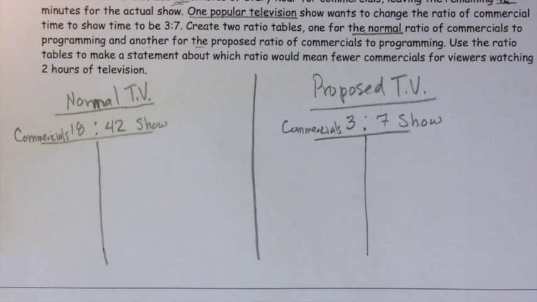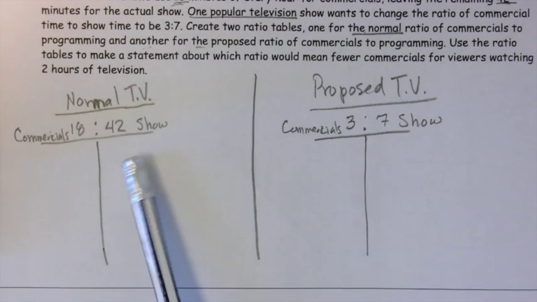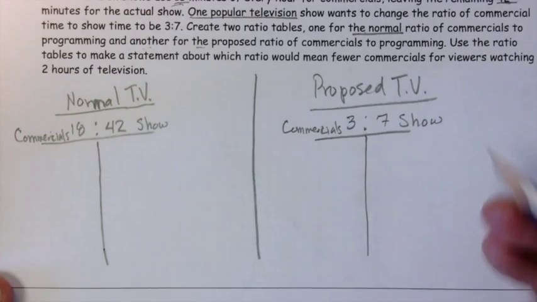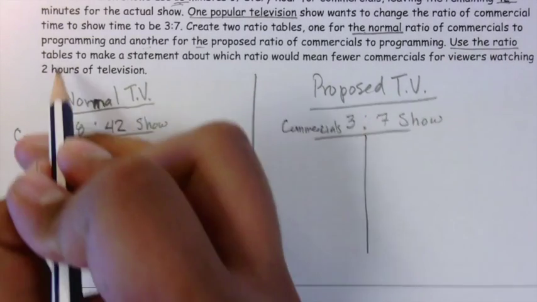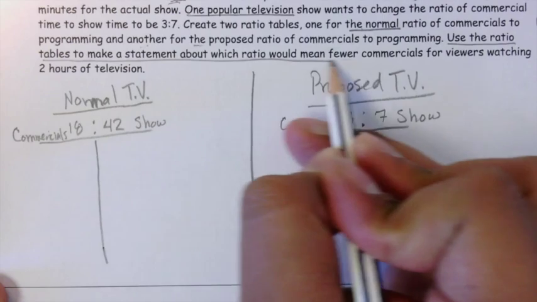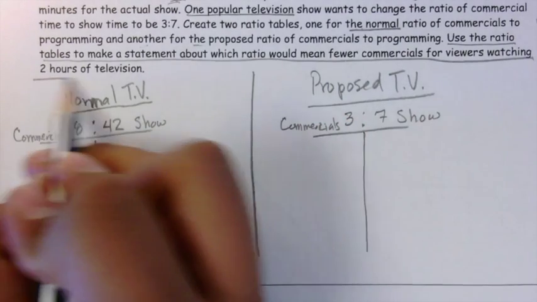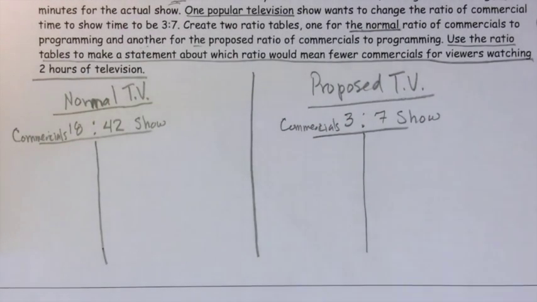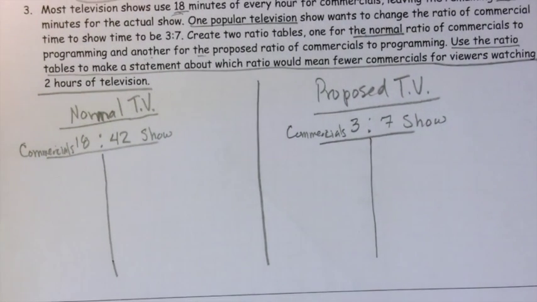Can you guys agree that the normal TV is already 1 hour? Look what the last question is asking. Use the ratio tables to make a statement about which ratio would mean fewer commercials for viewers watching the 2 hours of television. What do we have to do to the normal one to make it 2 hours? Multiply by 2.